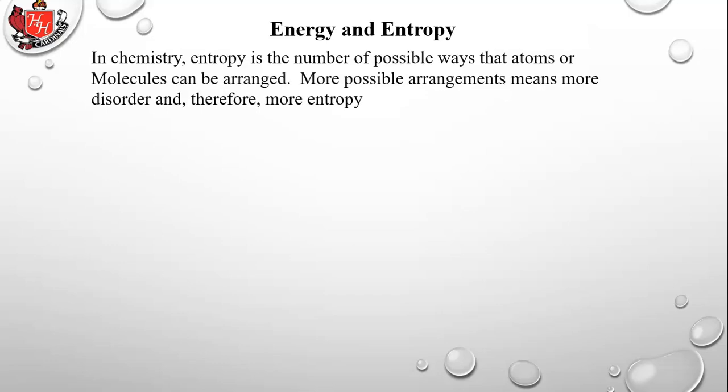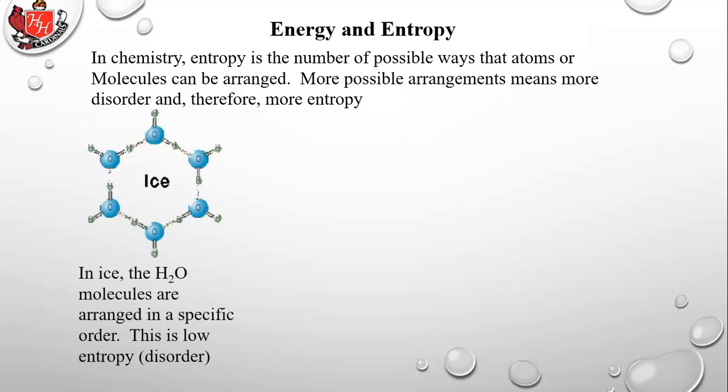In chemistry, entropy is the number of possible ways that atoms or molecules can be arranged. More possible arrangements means more disorder and therefore more entropy. So in ice, the H2O molecules are arranged in a specific order. This is a low entropy. It's very orderly.